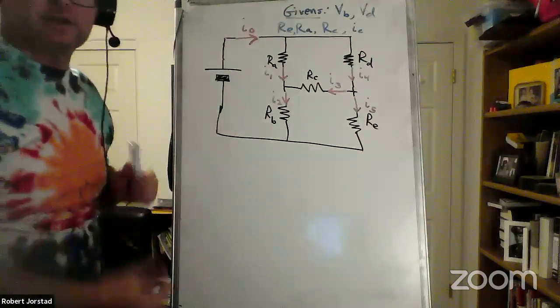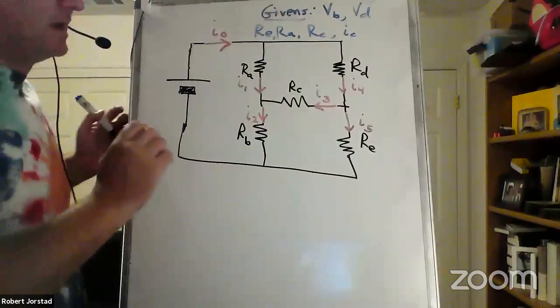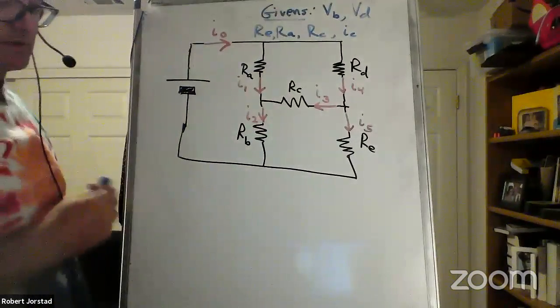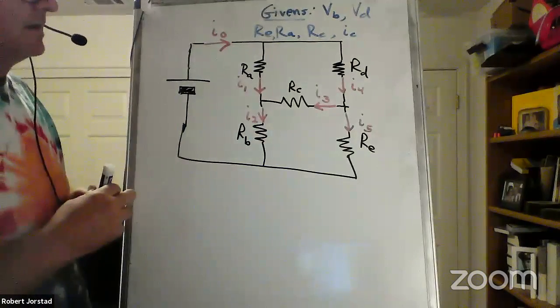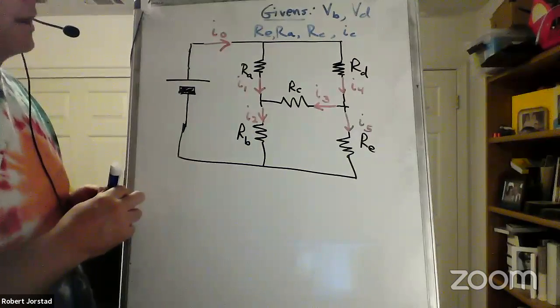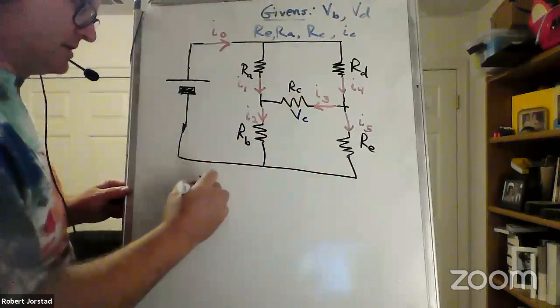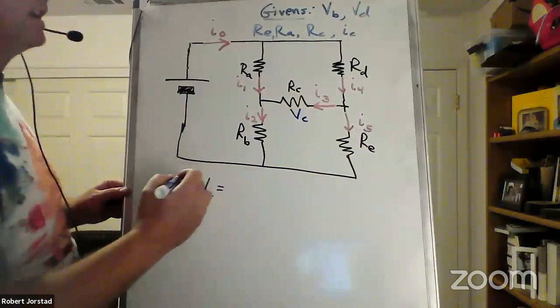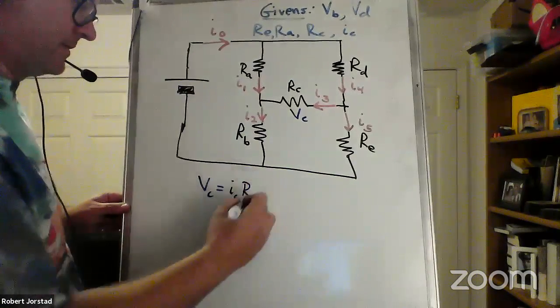Hopefully you could see that okay. And so what was your first plan of attack here? We know IC and RC. Did you get voltage C right away? Yeah, I did that. Okay, so we expect that voltage C should equal IC RC, and these are given.